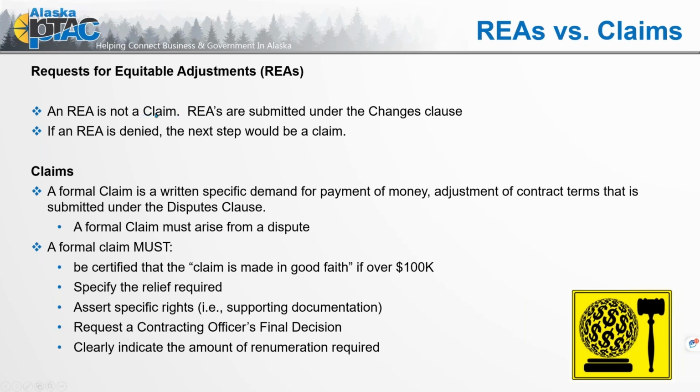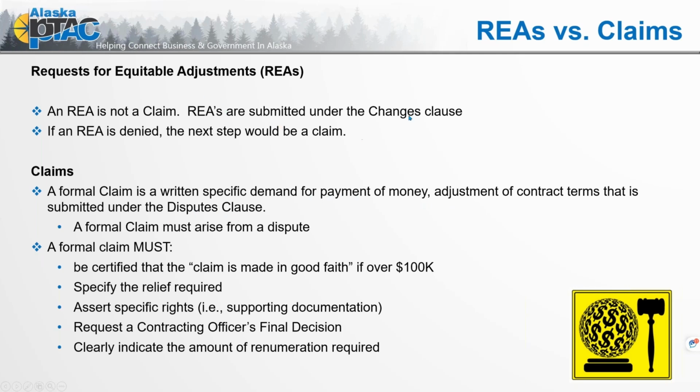So, an REA is not a claim. REAs are submitted under the changes clause, which gives us the contractual authority under which to submit the request. If it's denied, then we move into a claim process. A formal claim is a written, specific demand for payment of money or adjustment of contract terms that is submitted under the disputes clause.